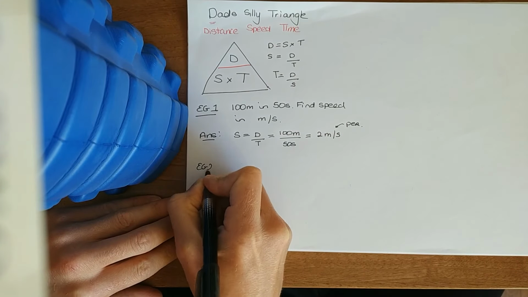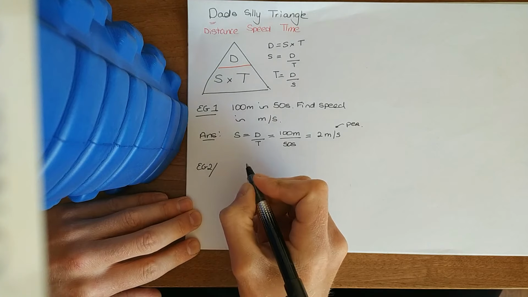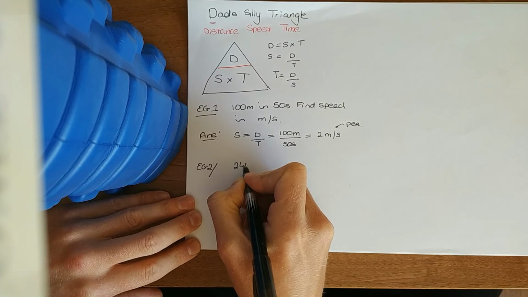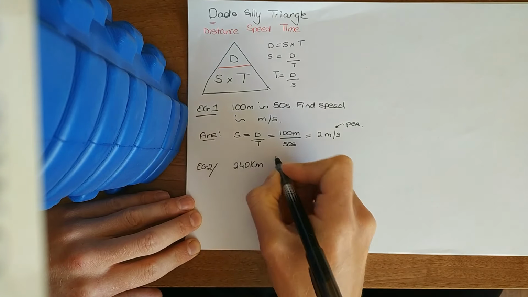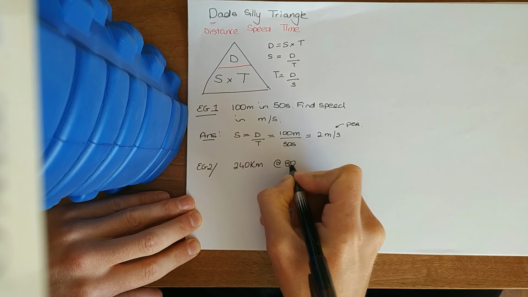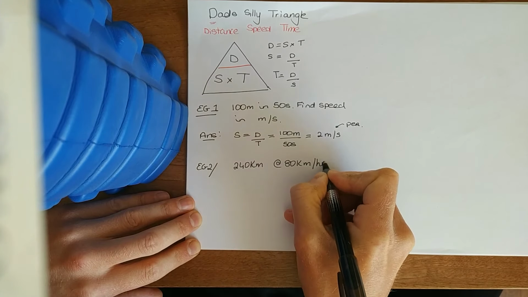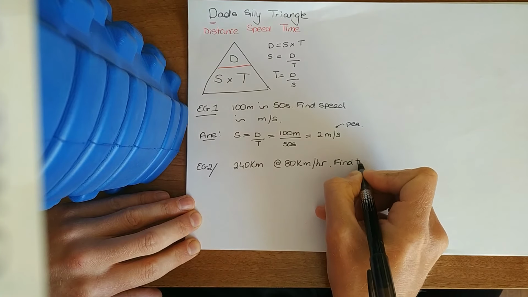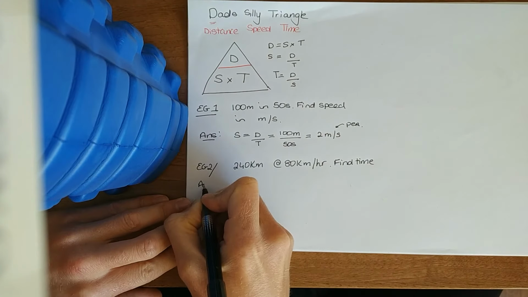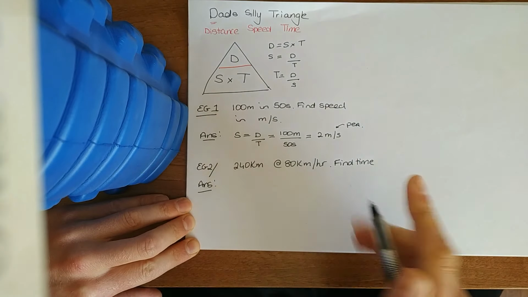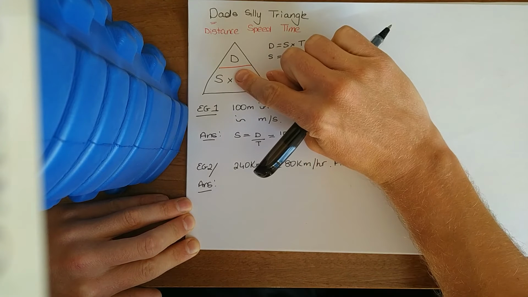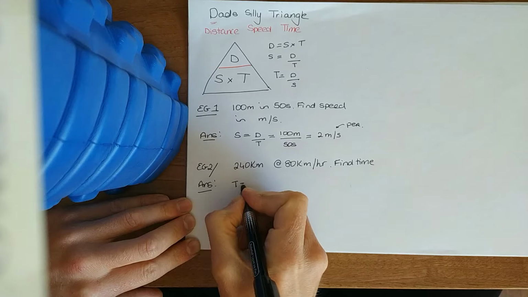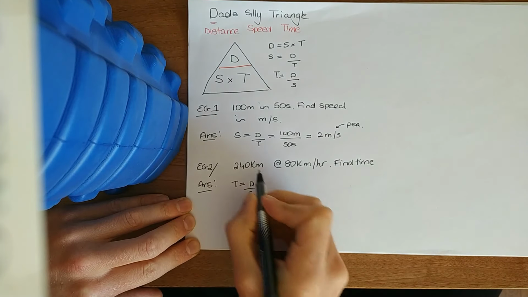I'll do another one. A train travels 240 kilometers at 80 kilometers an hour. Find the time. So find time. Which of these letters stands for time? It's T. So what are you left with? D over S. The units match up.